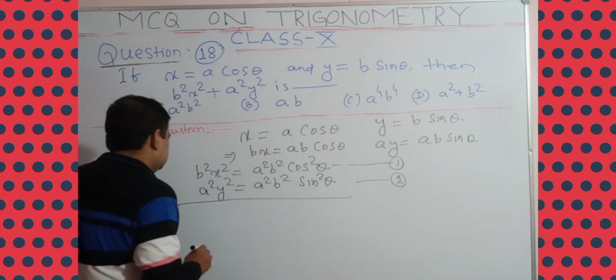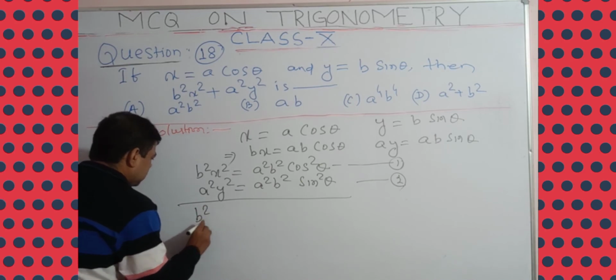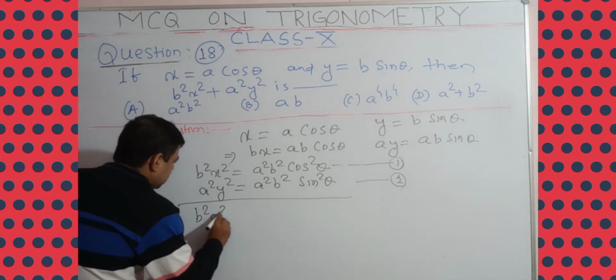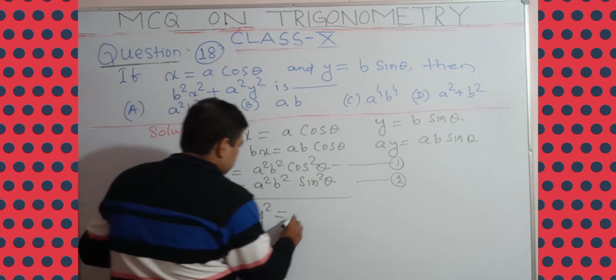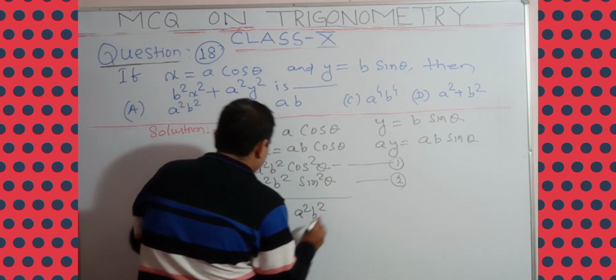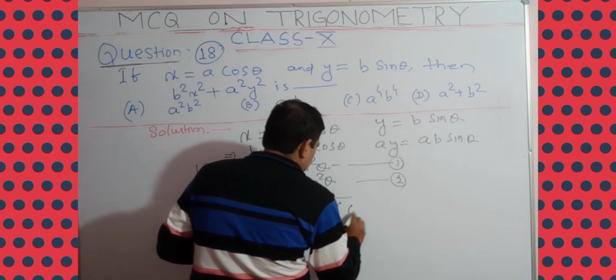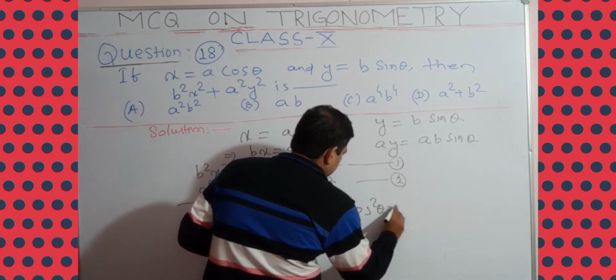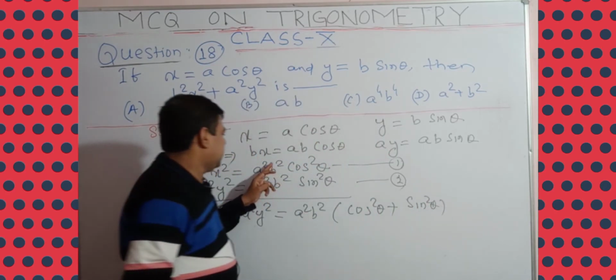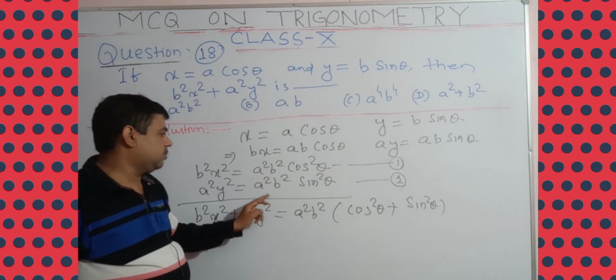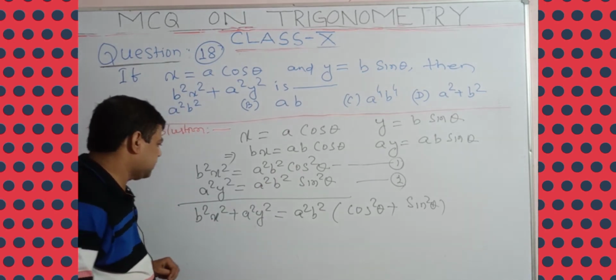After adding both the equations we get b square x square plus a square y square is equal to a square b square, which can be taken common, cos square theta plus sin square theta.